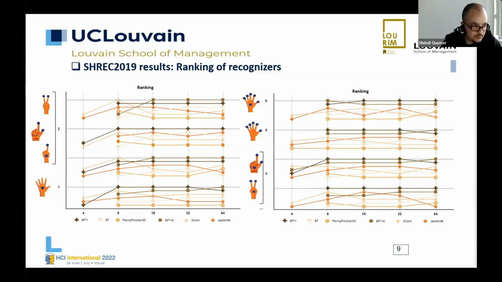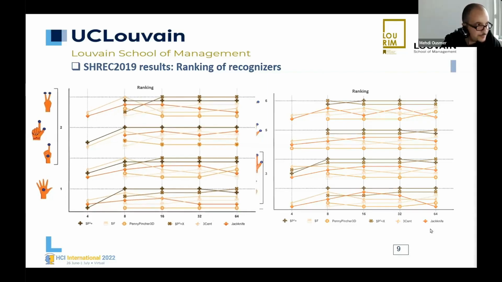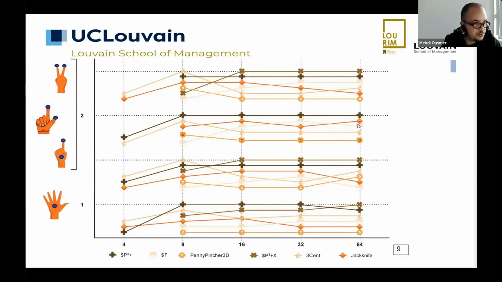We selected for each one the best recognition rate. Here we have only two recognizers with a recognition rate above 80%. Here we have all the six recognizers, and you can see the rank of each recognizer changes from one value of the number of points variable to another.